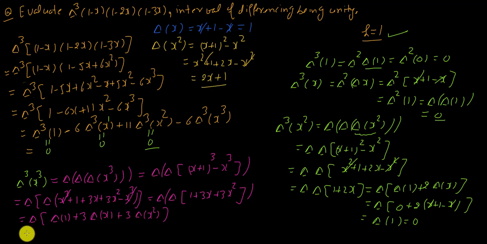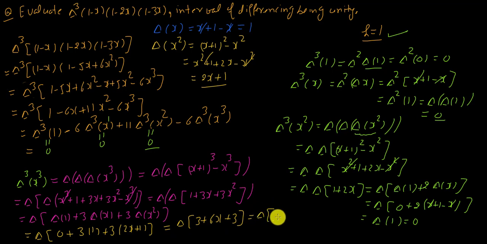So I am going to substitute it over here. Delta square, this will be delta 1 is 0 plus 3. This value is 1, so 1 plus 3, and this value is 2x plus 1. This is nothing but equal to delta square 3 plus 6x plus 3, okay, is equal to delta square 6x plus 6.